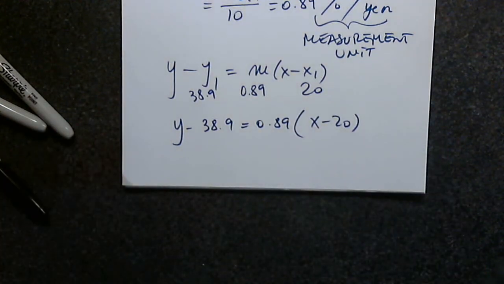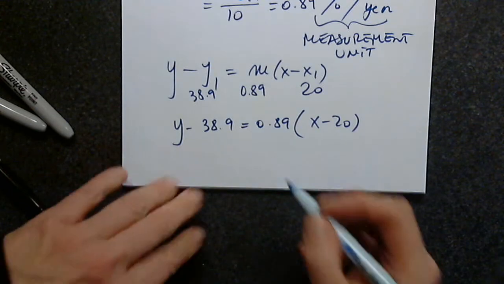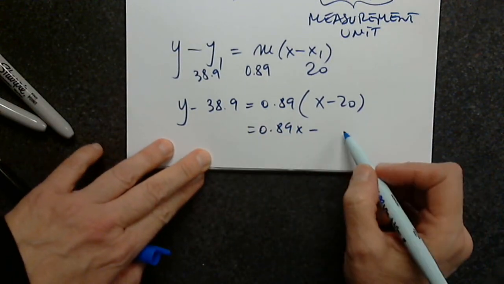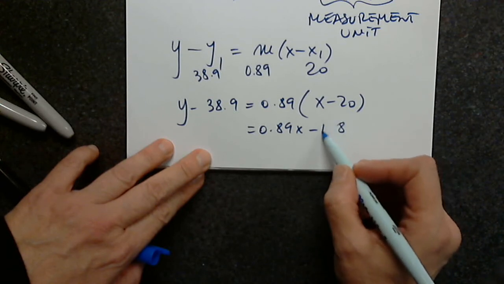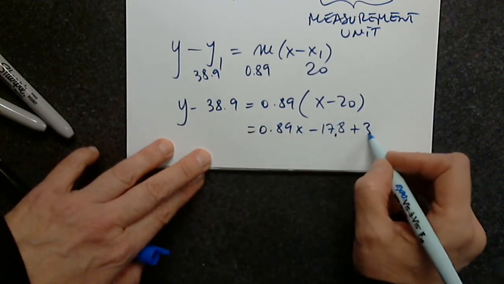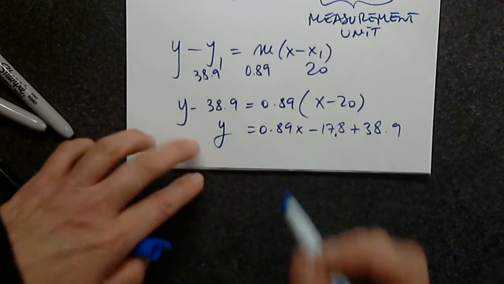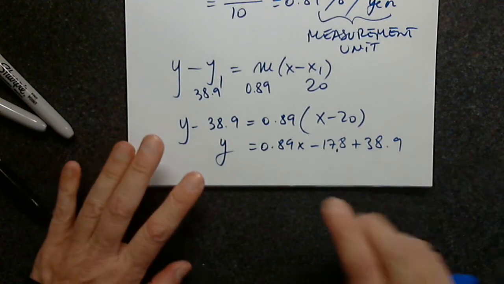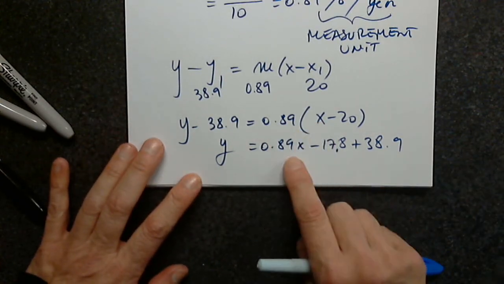I have to perform all operations, and I have to solve for y. So let's do just that. So I have 0.89x minus, and I only have 1. And then plus 38.9. Let's do this one more time to make sure it's clear. I multiplied this by this, and I got this.